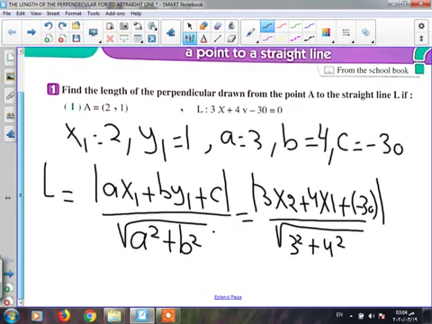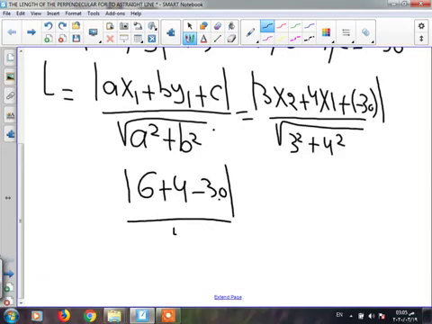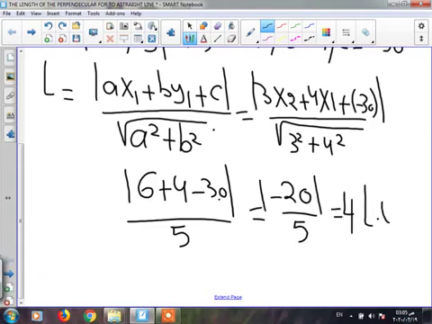Here we will have 3 times 2, 6, plus 4 minus 30, all of these over 5. This is going to be 10 minus 30, it's -20 over 5, absolute, it will be 4 length units.